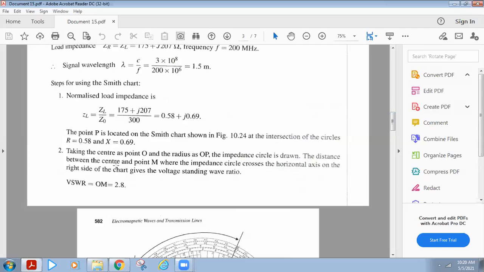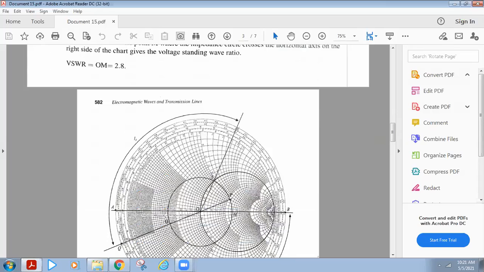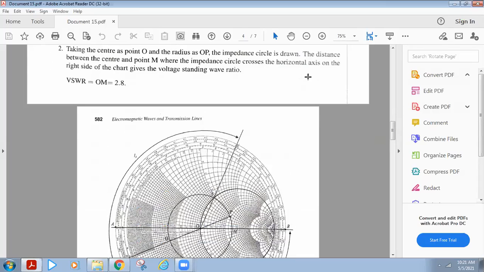The distance between the center and point M, where the impedance circle crosses the horizontal axis on the right side of the chart, always gives us the voltage standing wave ratio.